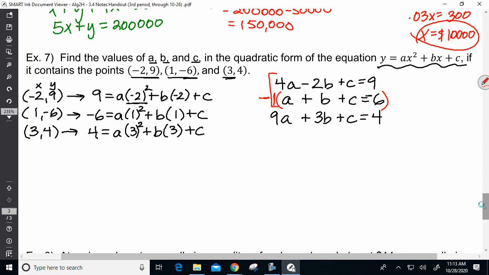So I chose the second equation. No rhyme or reason. I just felt like choosing the second equation. 4a minus 2b plus c equals 9. -1a minus 1b minus 1c equals +6. C's drop out.